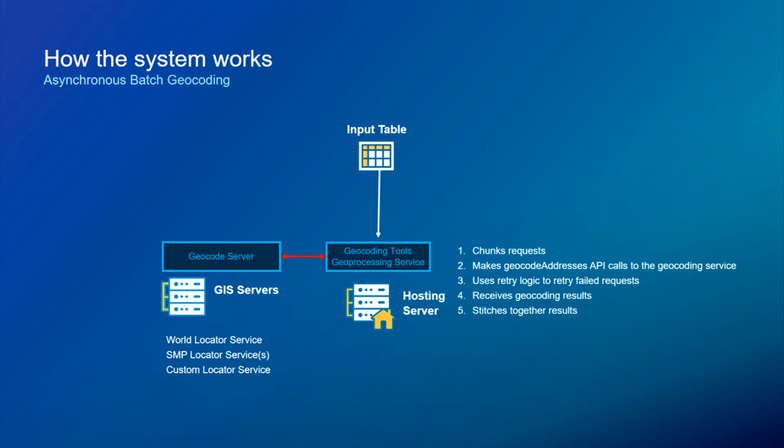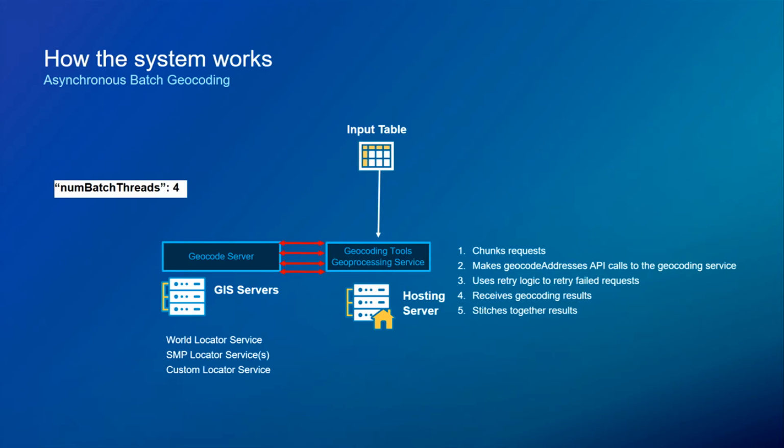Instead of this manual process, this actually ships starting at 10.5.1 ArcGIS Enterprise. It is called the Geocoding Tools Geoprocessing Service. Now, let's say instead of sending one Geocode Addresses API call at a time, so instead of geocoding 1,000 addresses per request, you could geocode 4,000 addresses per request if you apply this NumBatchThreads property per locator on your back end.